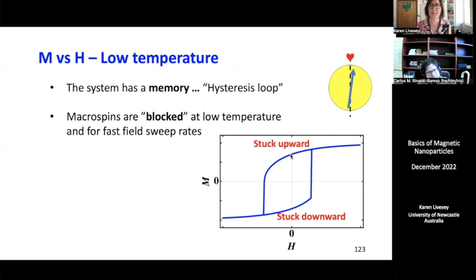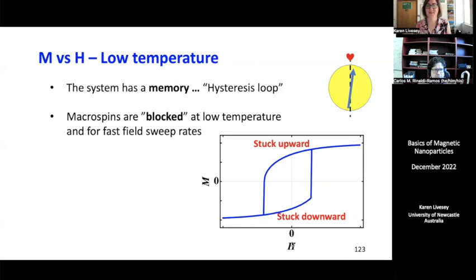Then if I apply a large negative field, eventually I can overcome that anisotropy energy barrier and the magnetization reverses. But then on the way back, I get stuck downwards instead. So this is a result of having that anisotropy barrier and having a blocked state for the particle. And we say the system has a memory. The system remembers what the applied field was in the past.